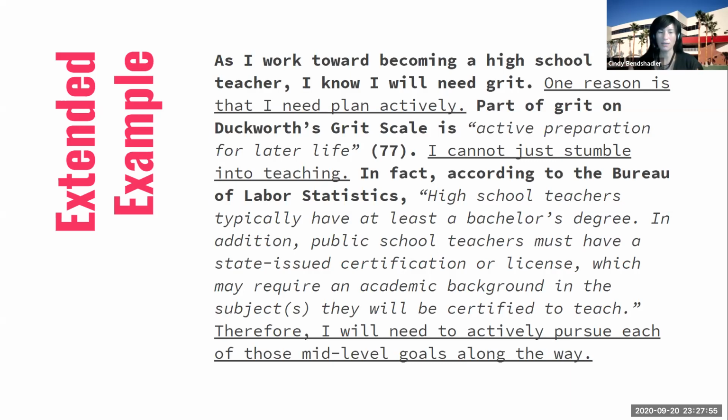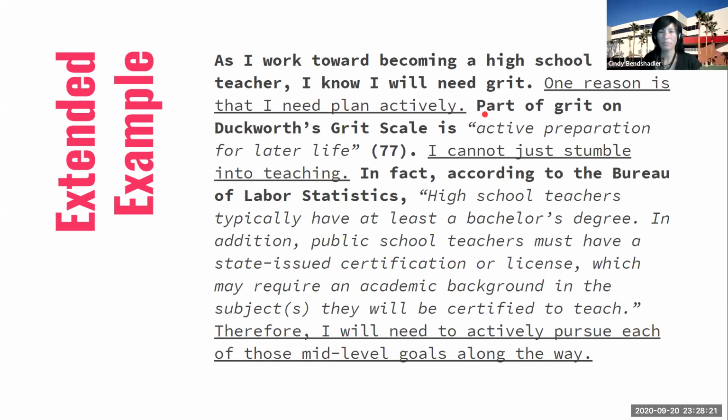Your sources should be integrated anywhere in the essay that they are most logically connected. So I decided I was going to make a claim. As I work toward becoming a high school teacher, I know I will need grit. That would be my topic sentence. This is focused actively. That's a supporting claim, right?